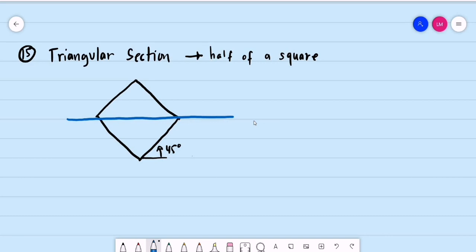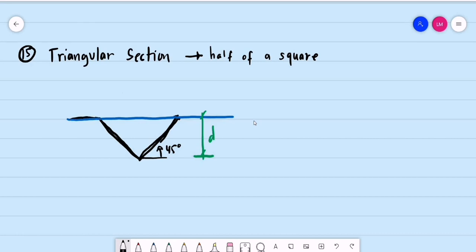Now we are just considering half of this square. Then we are starting with the depth. Let's say this is the depth D, the depth of flow for the channel. We may now remove the upper portion of the square, the other half. So basically, the square is divided using its diagonal. This will be our most efficient triangular section.